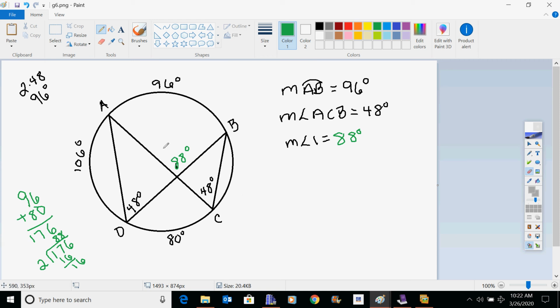What if we wanted to find the measure of arc BAD? If we wanted angle BAD, you would have to take 96 plus 106 and get 202.